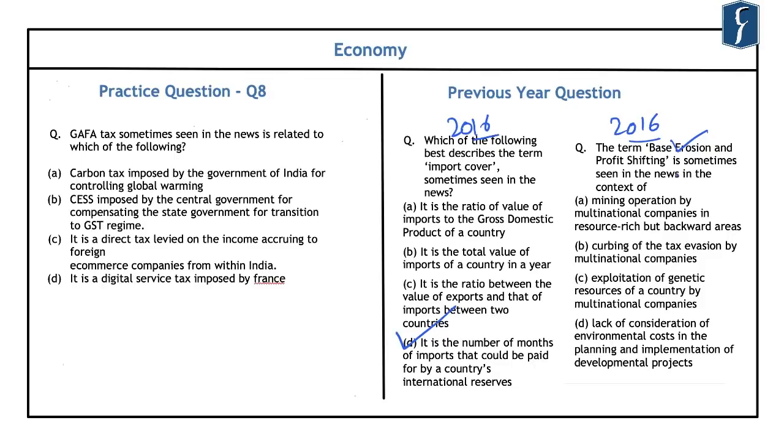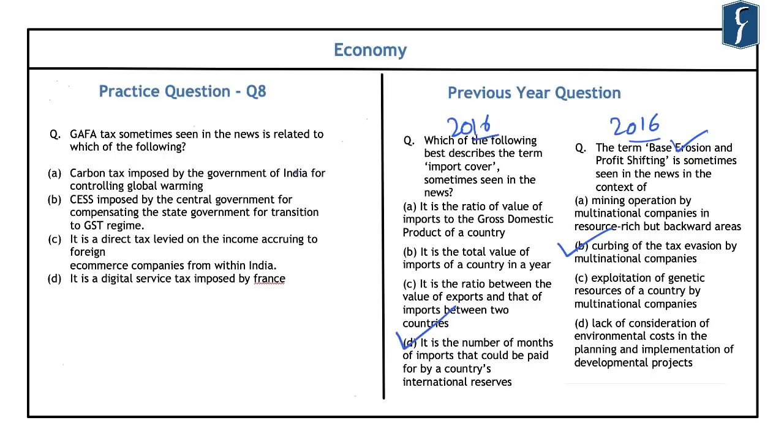So if you have learned about the base erosion and profit shifting and also the issue of transfer pricing, you will find that it is related to the curbing of tax evasion by multinational companies which move their operations into the tax havens. And details about this are given in your prelims compass. So do go through that.